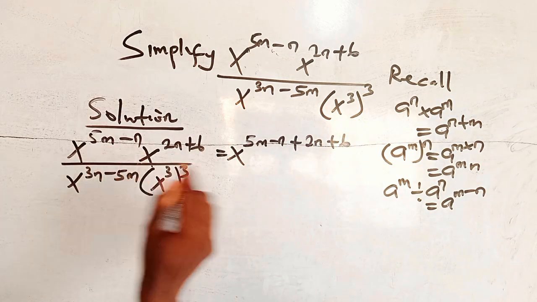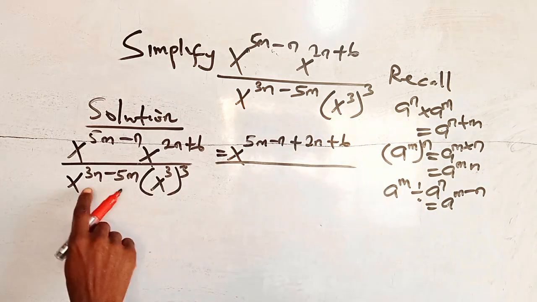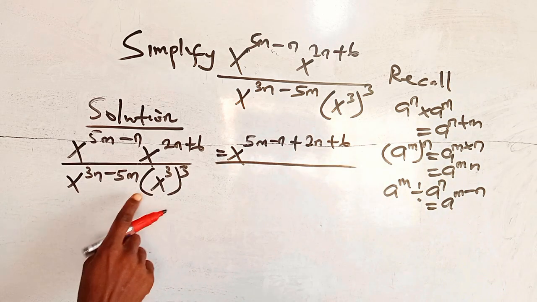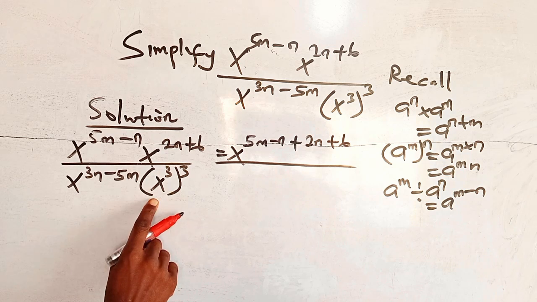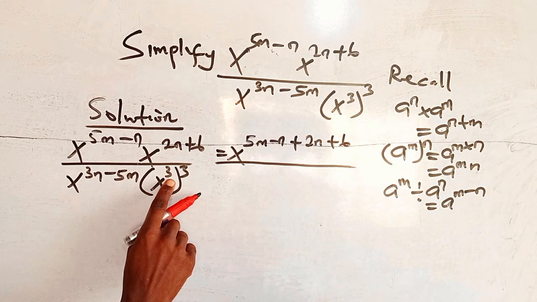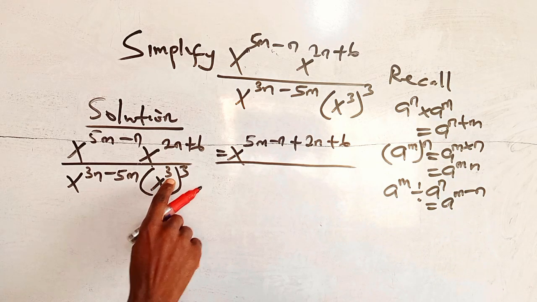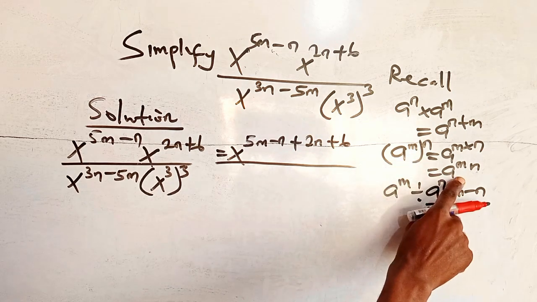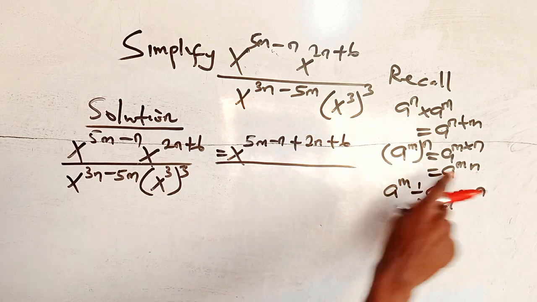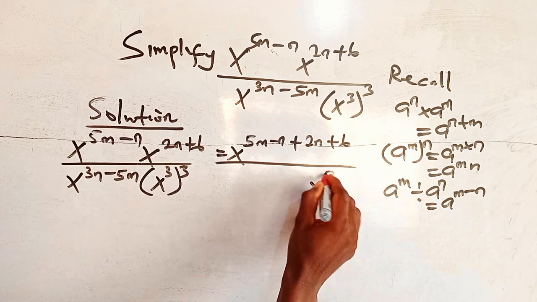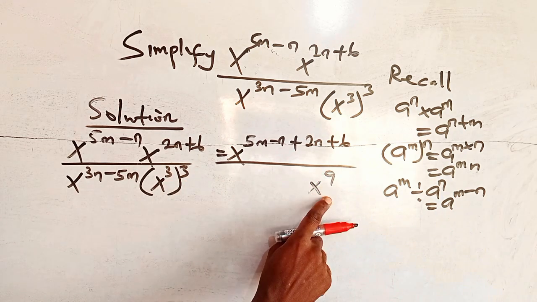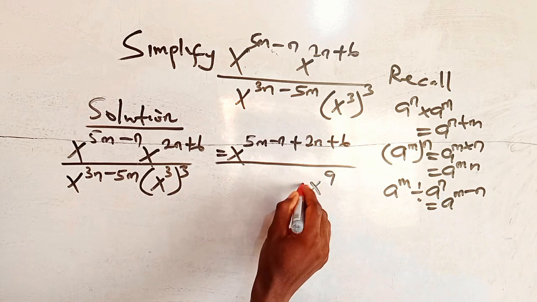We have the same base in the denominator as well, but before we resolve this, let's work with the one in the bracket, so we can apply the exponent law. Using this rule, we can say x raised to the power 9, since 3 times 3 is 9.